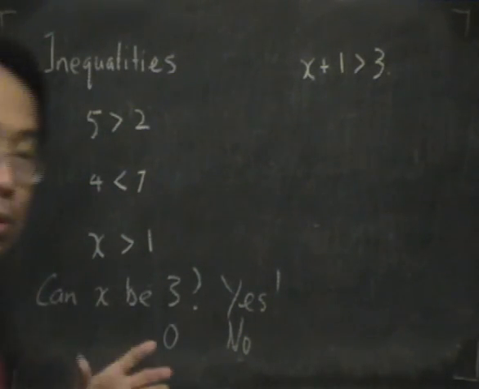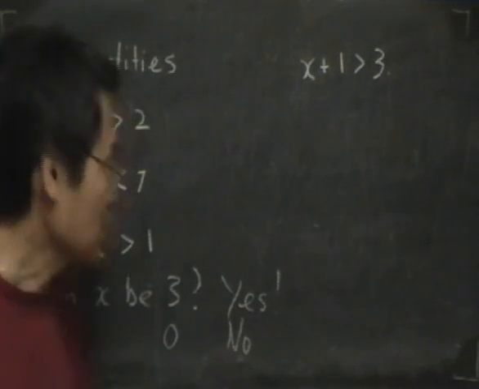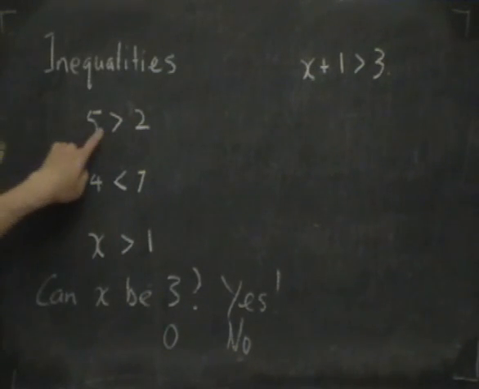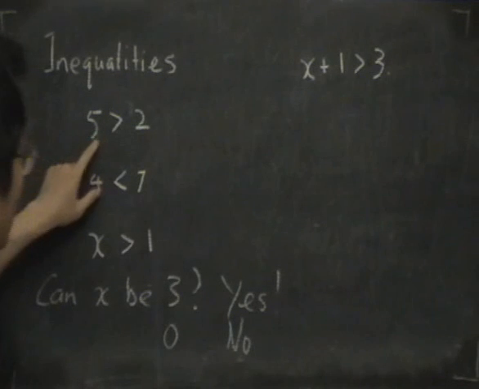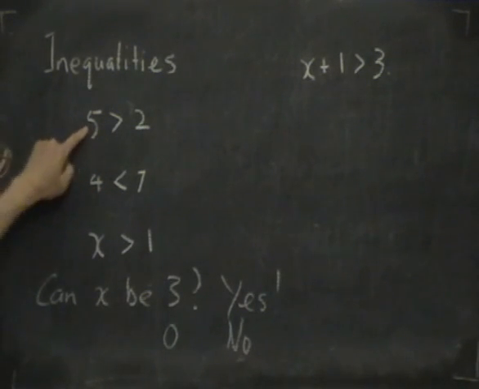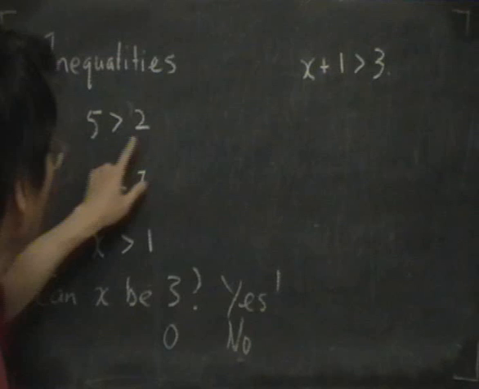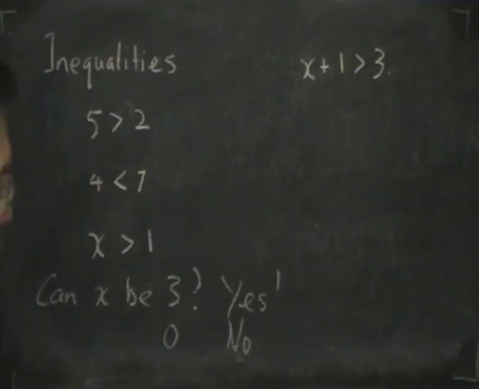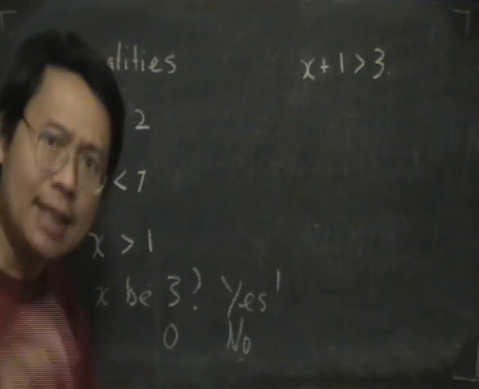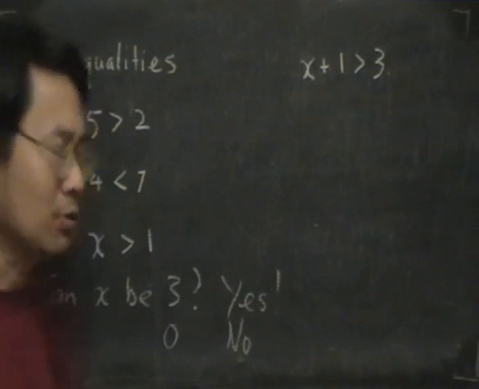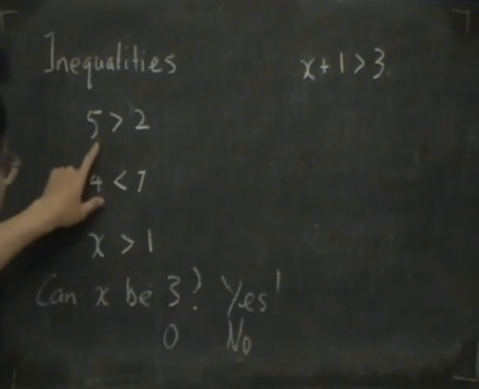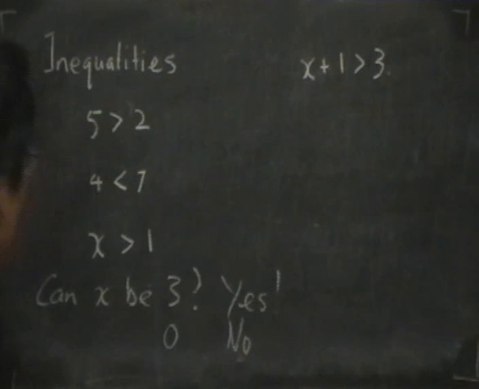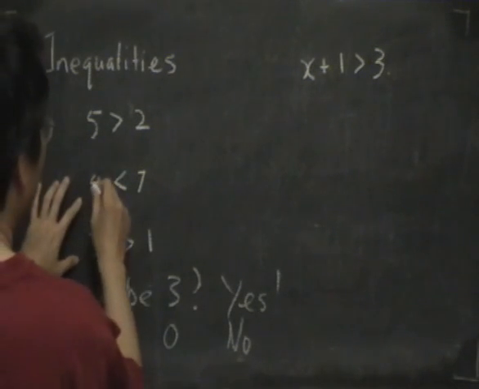In order to understand whether we can do this kind of thing, let's go back to that first inequality that I wrote down, that 5 is greater than 2. If I look at this, can I subtract 1 from both sides? If I do that, will the left side still be greater than the right side? Let me just try that.